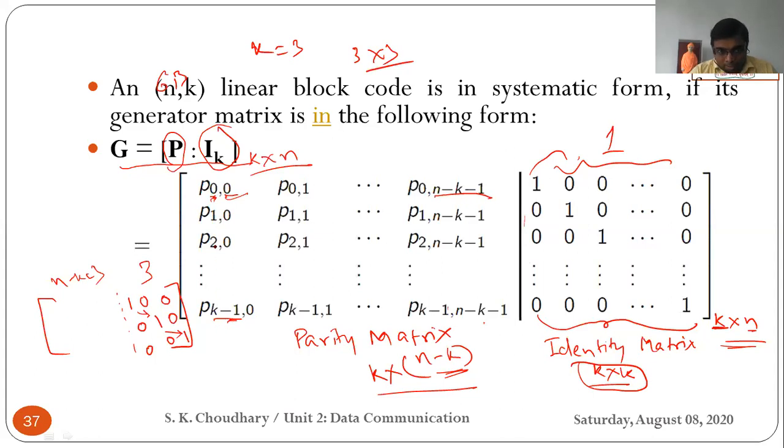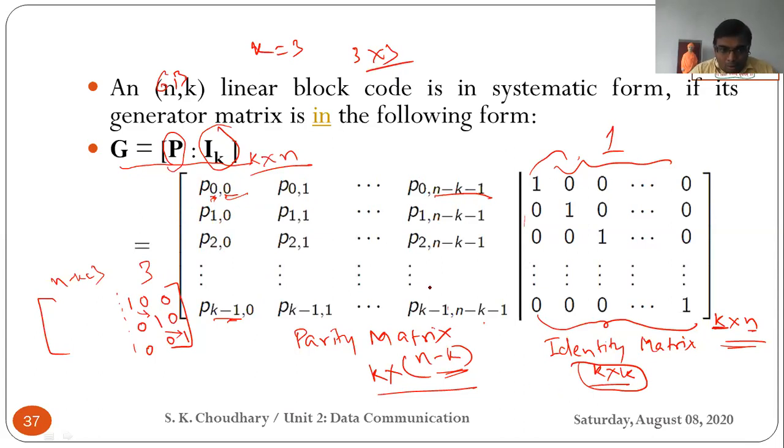If you start from 1, P11, then it would end at Pk comma 1, and here P1 comma n minus k. So it depends only on the representation. Whenever you start from 0, you have to decrease the final value by 1. So the order of this parity matrix is k × (n minus k).